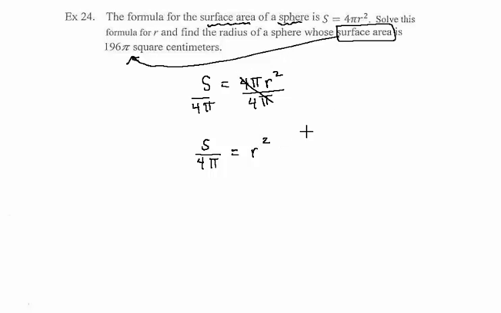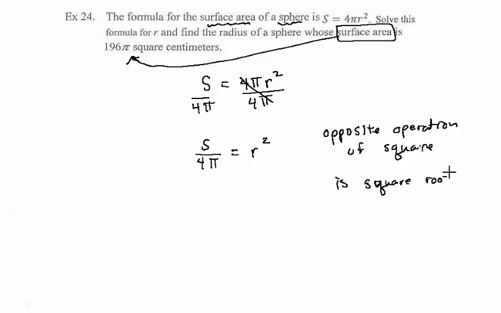The opposite operation of square is square root. It's sort of like multiply and divide are opposite operations. Add, subtract are opposite operations. So if we have a square that we want to get rid of, we have to apply the square root.